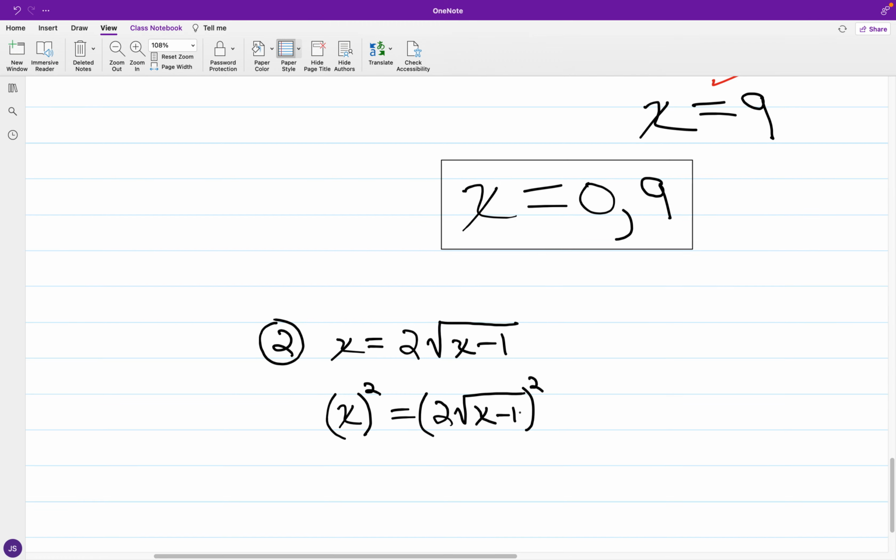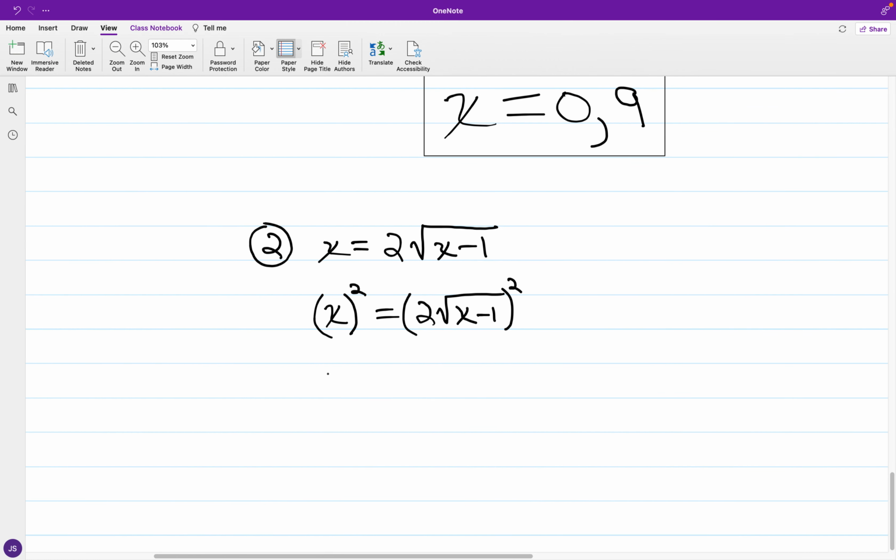The square of x becomes x squared, and to the right, 2 to the second is 4, and the square of the square root of x minus 1 is going to be x minus 1.